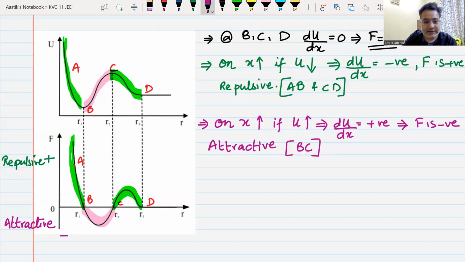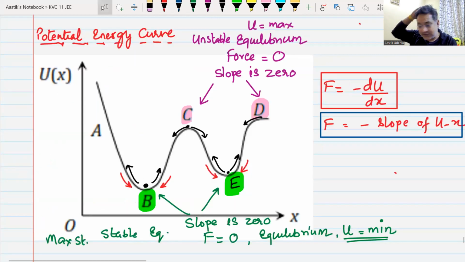Then we move ahead. We had seen in the previous class also that the points that we see here, B, C, D, and E, are different from each other. They are not exactly similar. We had seen that they are slightly different. What is the difference? I told you the difference also.